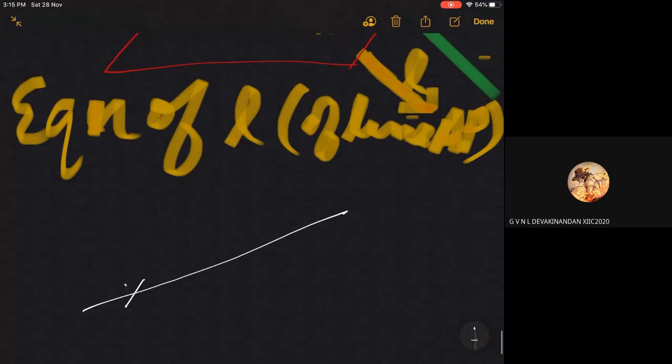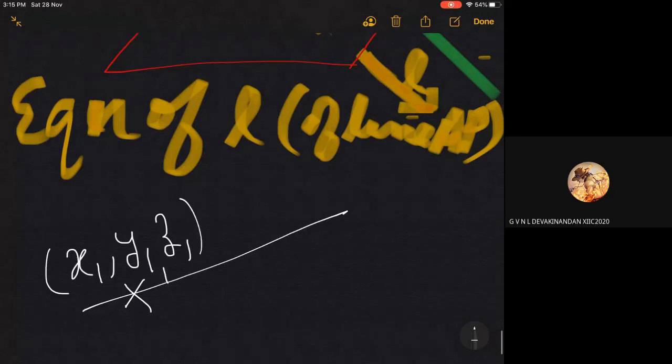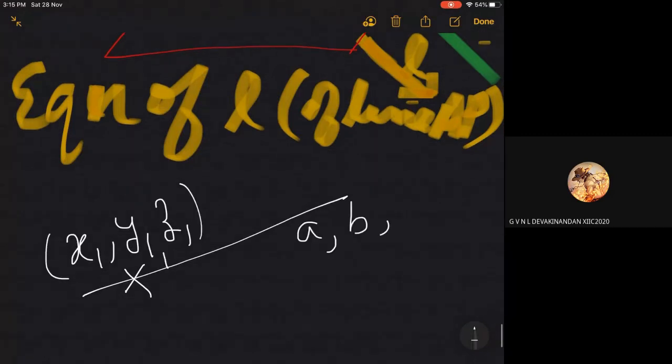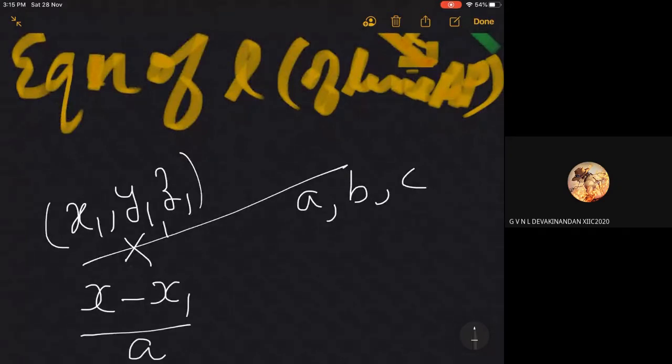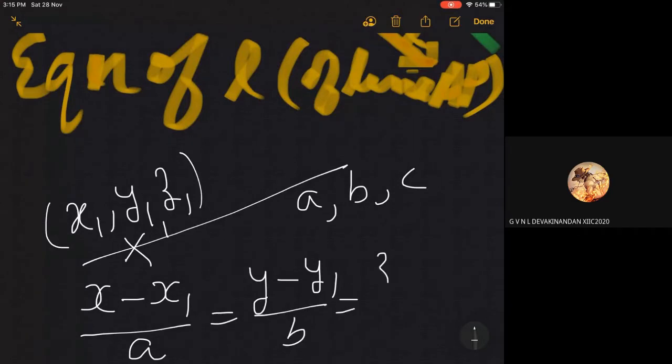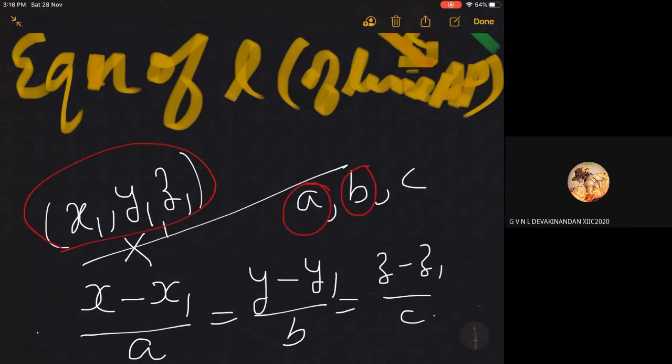You have studied that the equation of a line passing through x1, y1, z1 and having direction ratio a, b, c is (x minus x1)/a = (y minus y1)/b = (z minus z1)/c. Here x1, y1, z1 is your given point, and a, b, c, which is coming in the denominator, is the direction ratio of the line.